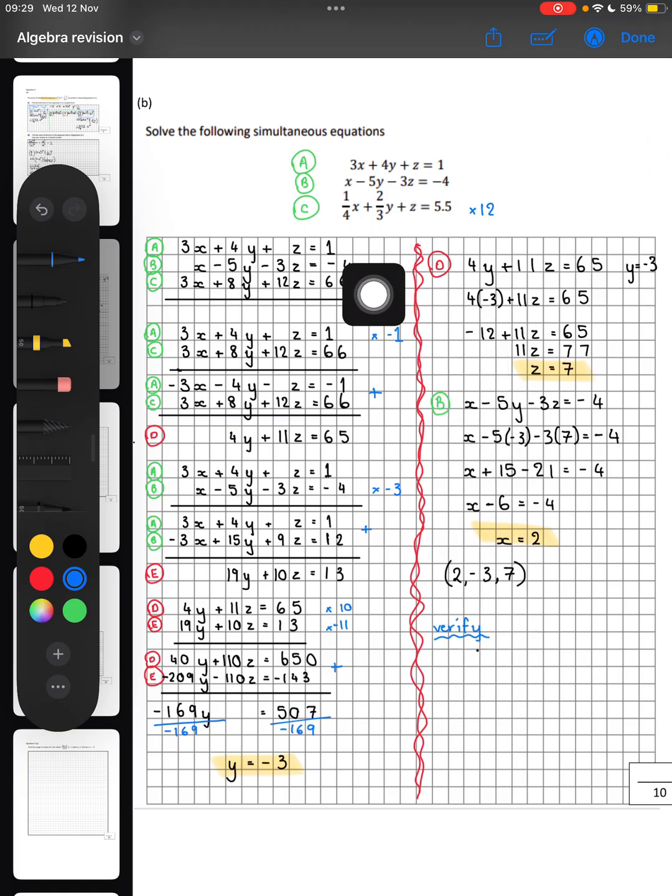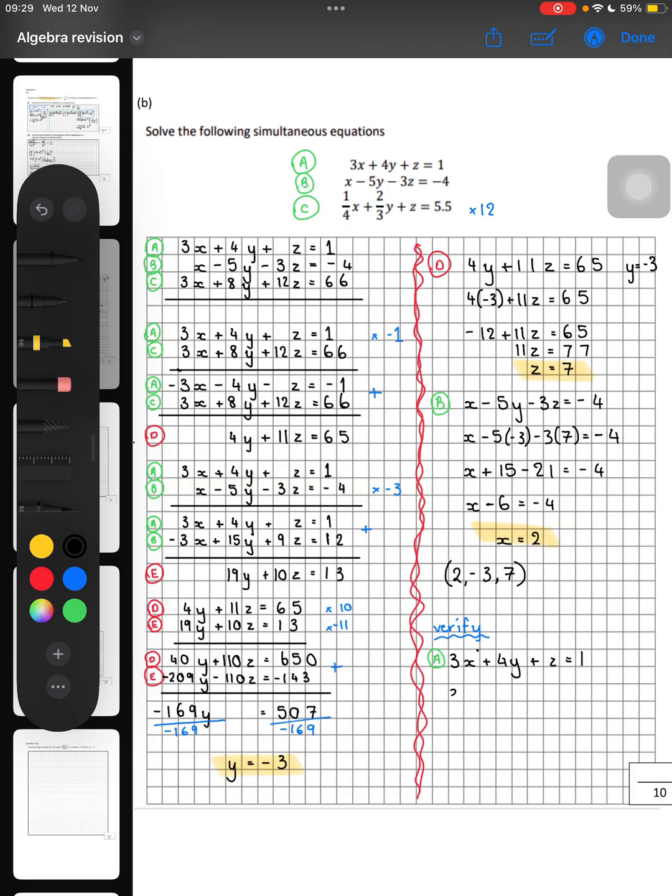And I'm going to use one of my original equations that is not b, so not the one you used in the last step. So I could sub back into a or back into c to verify my answers. So if I wanted to verify, I could sub back into one of my other original equations that I didn't use in the last step. So 3x plus 4y plus z is equal to 1.